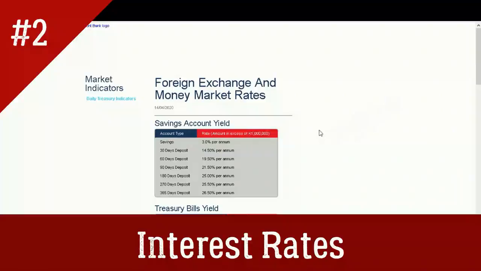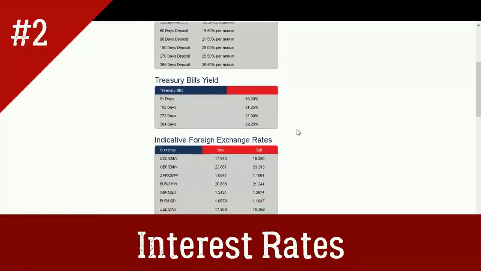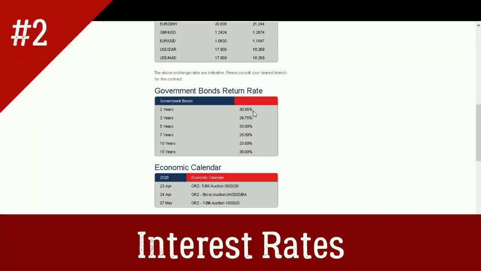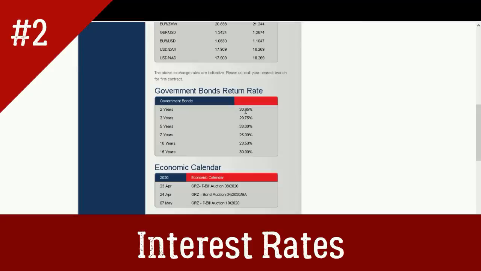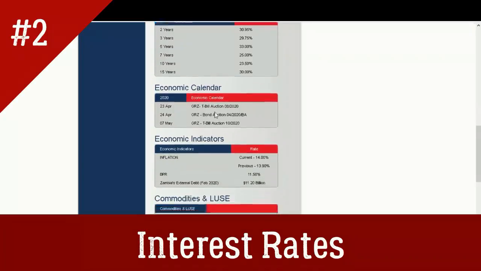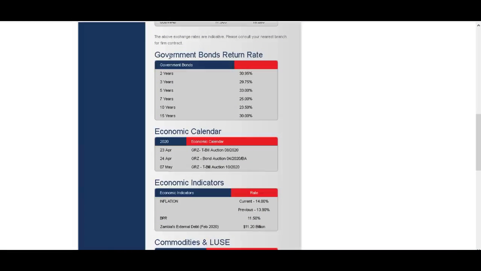Because they know that their returns on those investments will yield much higher profits because of that rate, which is much higher compared to another economy which may have relatively low interest rates. So interest rates are another factor that will determine how strong or weak a country's currency is.